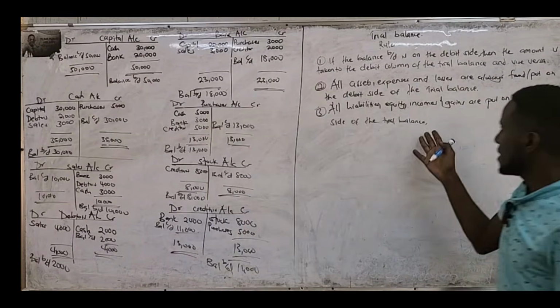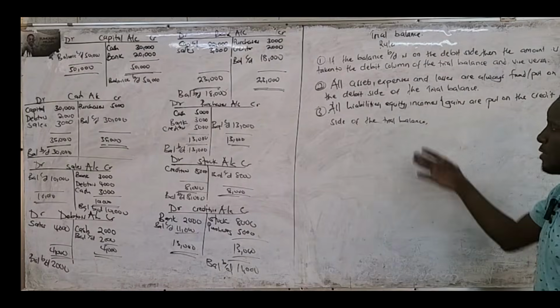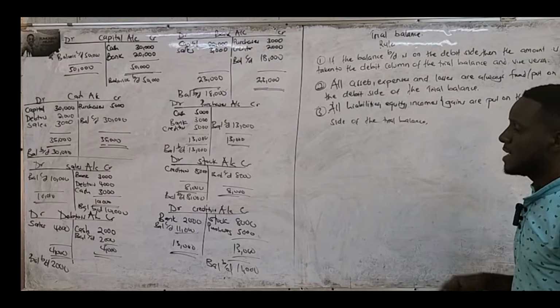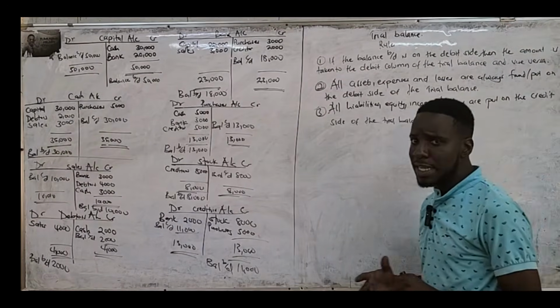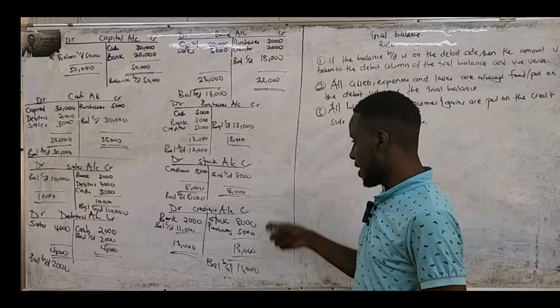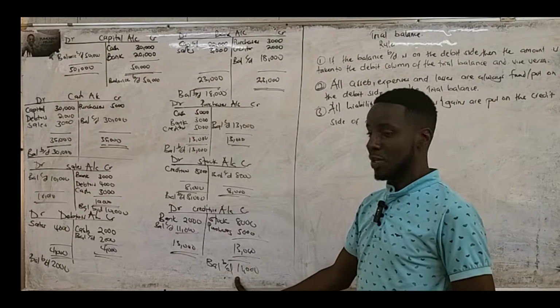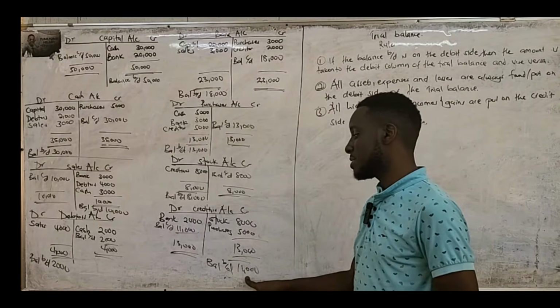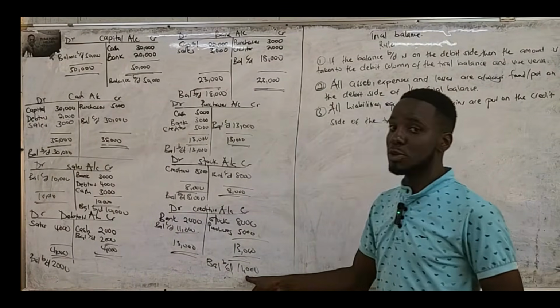So this one's like the vice versa of this. So ideally, when, for example, liabilities, things like creditors are supposed to be on the credit side of the trial balance. For example, look at this. Now, you see what the balance brought down is on the creditors, 11,000. So when you go to the trial balance, you're supposed to put it on the credit side.